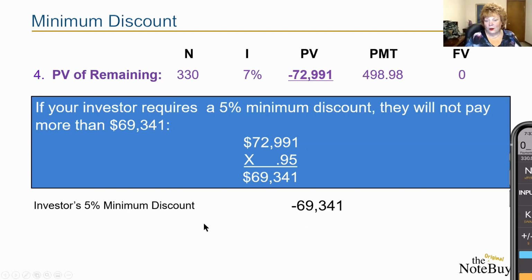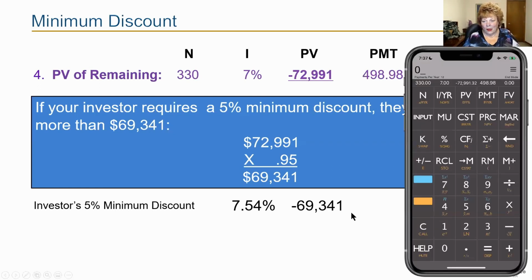So what we're going to do now is we take that $69,341 and we're going to put that into PV here. Okay. And then we are going to solve for I to see what their actual rate of return is. So let's just do that over here. Okay, we still have our 330 in there. We have our 7% interest, which we're going to recalculate. We need to put $69,341 negative. Remember, that's that sign right there.